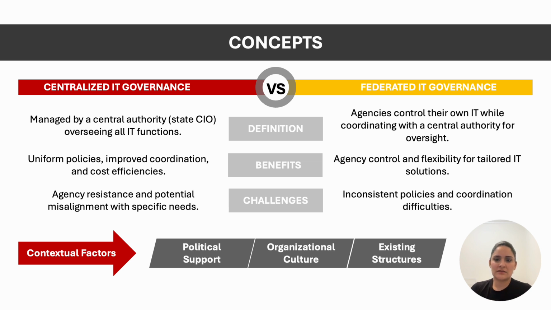Lastly, existing structures, the systems already in place, play a big role in how smoothly a new IT governance model can be adopted. These concepts help us understand the dynamics within US state governments and how they approach IT governance.